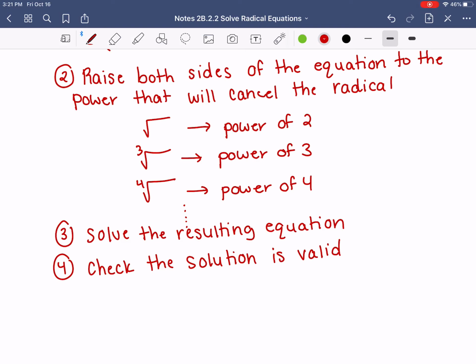Some examples when it would not be valid is if you have the square root of a negative number, or if you have the square root of something equals a negative number. Okay, so those are some options of what would tell you that a solution is invalid.